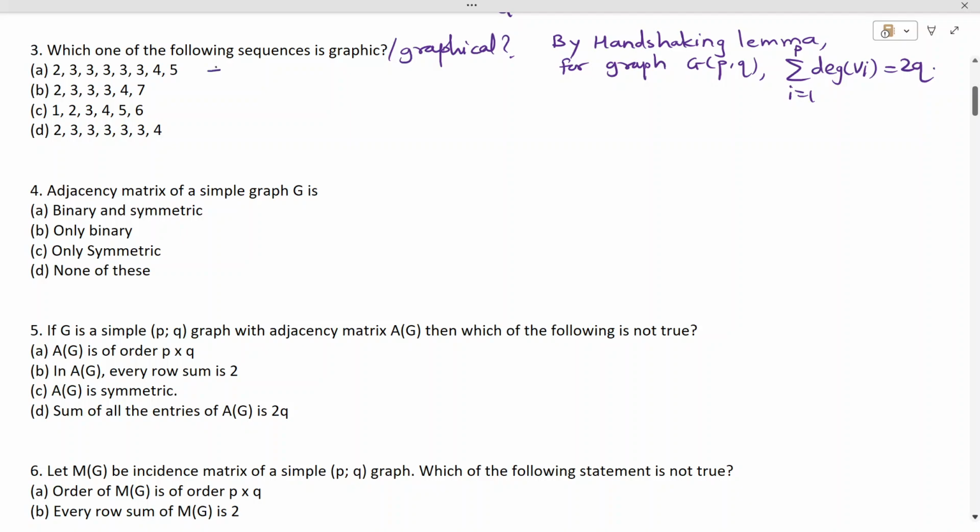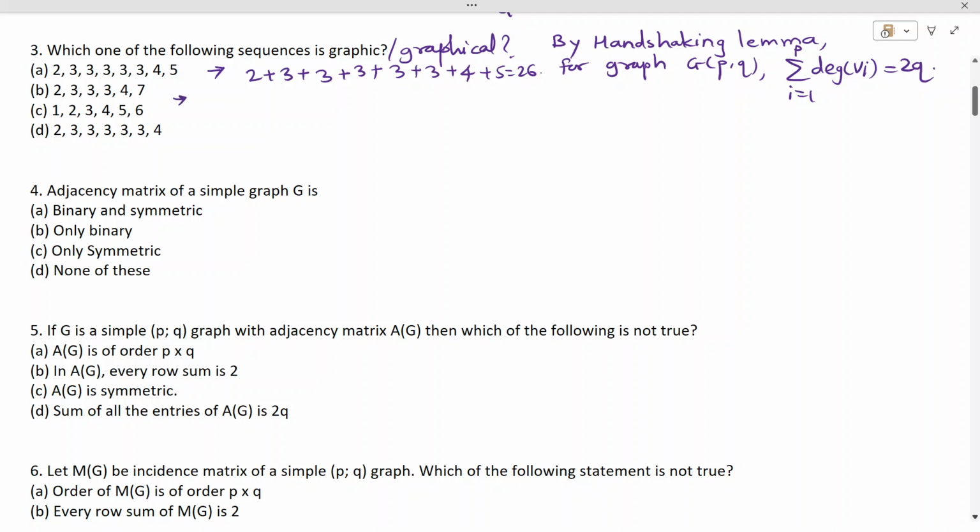So let us sum the terms in the given sequences. This is 2 plus 3, 5, 8 plus 3, 11, 14, 17 plus 4, 21, 26. So the first option can be correct.